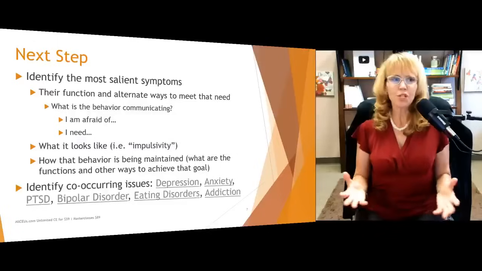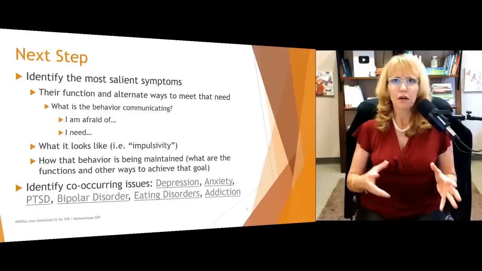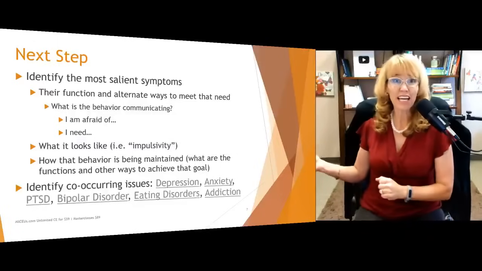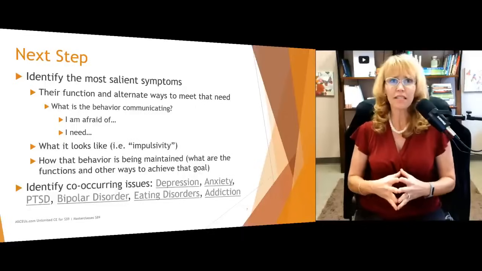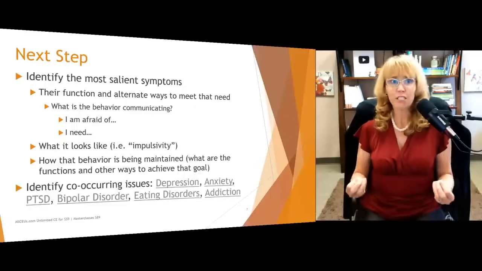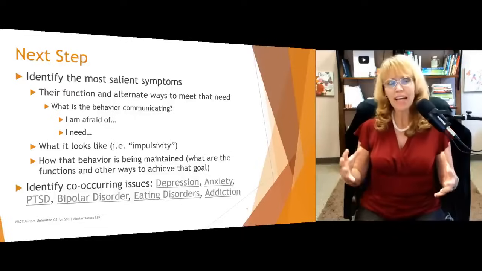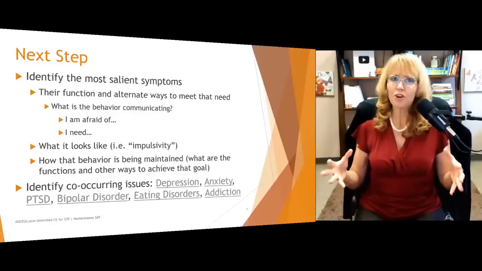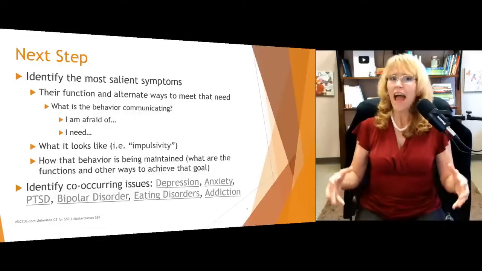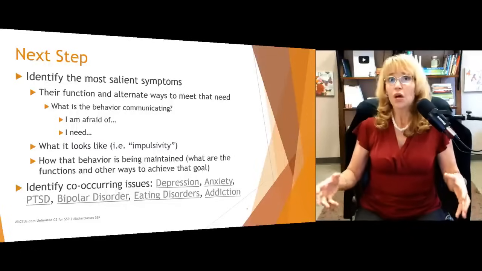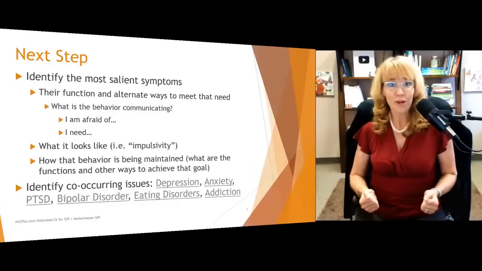A lot of times when people talk about those with borderline personality traits, they talk about them being unpredictable and impulsive and Jekyll and Hyde. And when you step back and you look at it, their behaviors are actually very predictable and very understandable if you know what to look for.